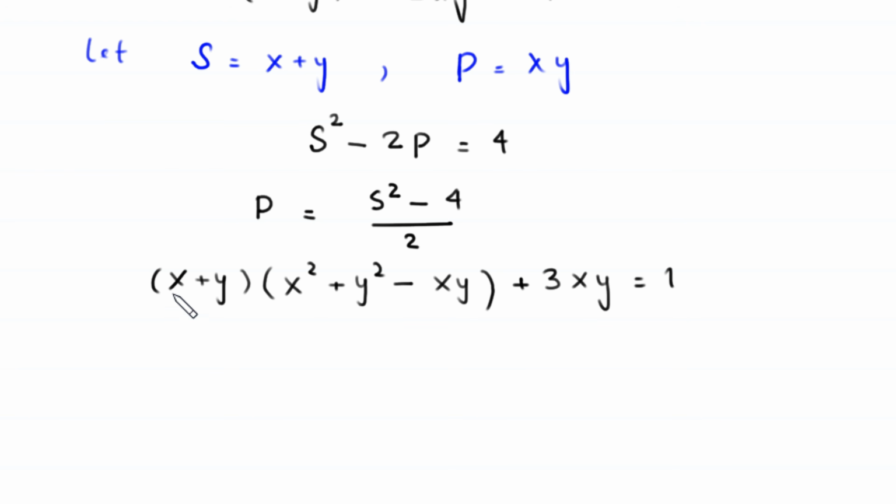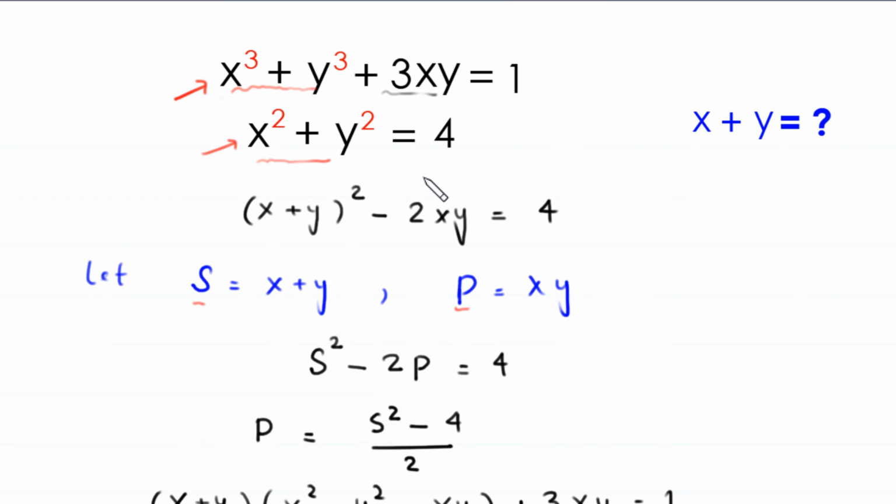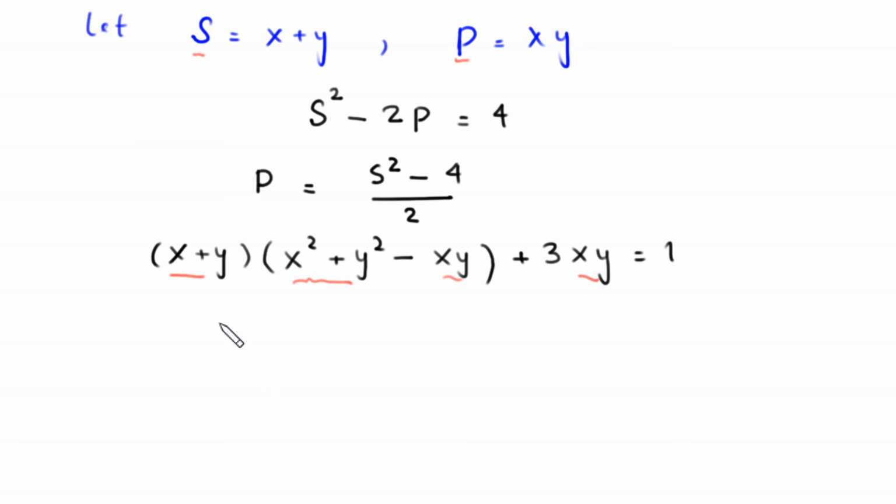Now we replace this x plus y with this s, and this xy and xy with this p, and this x squared plus y squared with this value 4 from equation 2. So this will become s times 4 minus p plus 3 times p equal to 1.